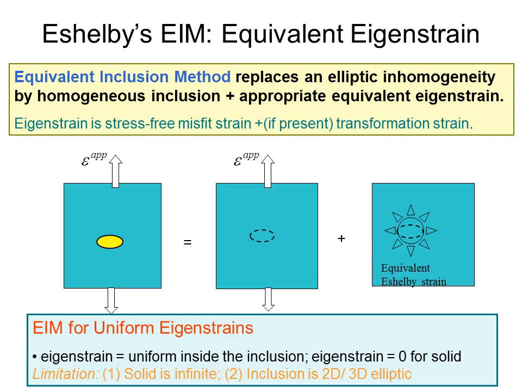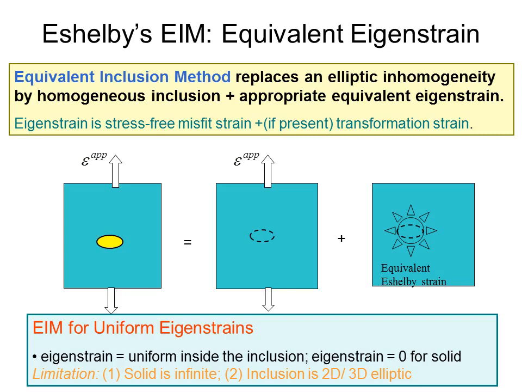The most remarkable feature is that when the applied field is uniform and the inhomogeneity is elliptic, the eigenstrains are uniform, and also the elastic strains are uniform. So you can calculate inside the inclusion, and from the solution inside the inclusion, one can calculate the solution external to the inclusion by superposition.